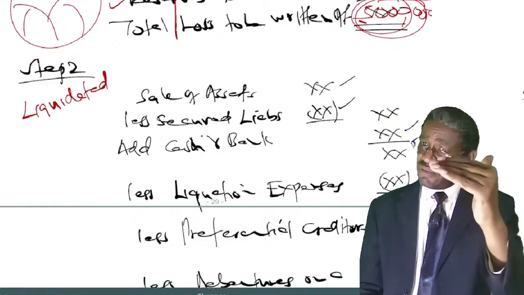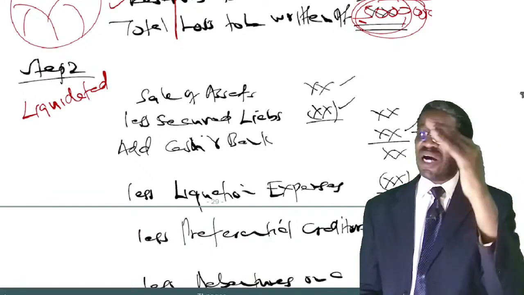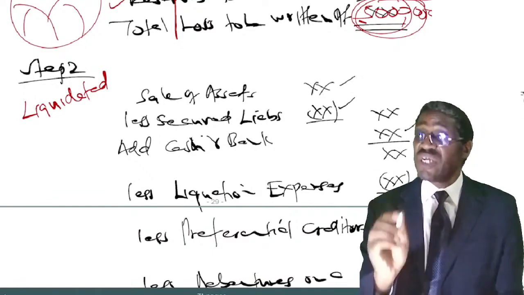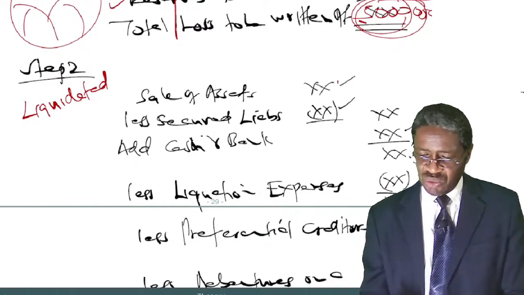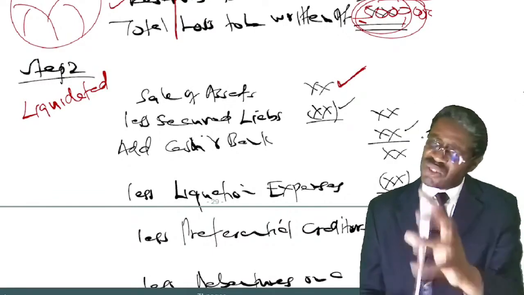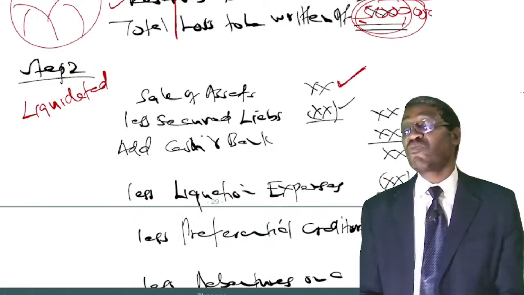Then you come and say, machinery will be sold for this much, furniture this much, bank this much, and so on. What shall we realize? So when I was doing step 2, we just assumed the total sale of assets, whatever it is. Then we said, which liabilities are normally paid first in order of priority?